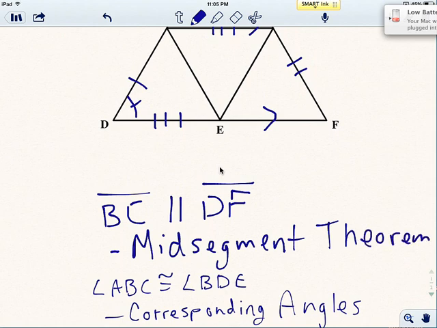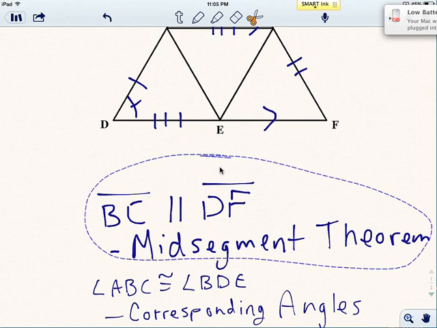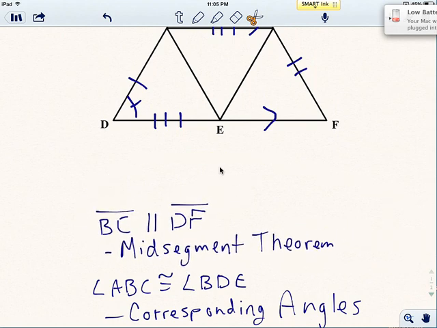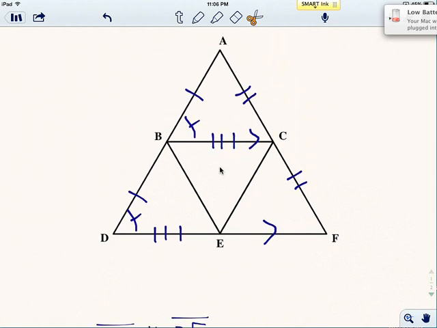And that's my piece of proof. Now, if we think back to the mid-segment theorem, that would also mean, let's make all this stuff look nice and match, that BC is exactly half the length of DF, which in this case is not necessarily helpful to us, but that might be good in future proofs. So we've got enough right now.